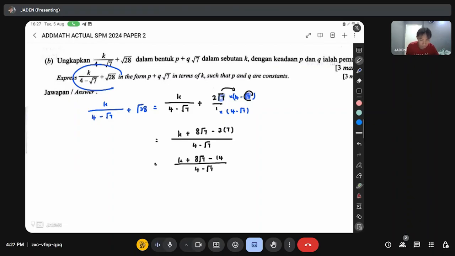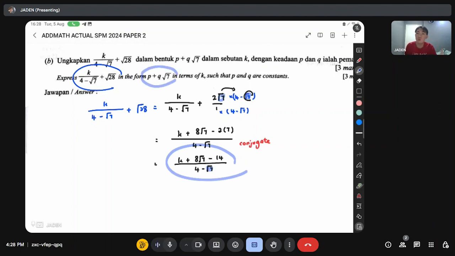Okay, what do we do next? Next thing, you want to consider the conjugate. Some student might ask, sir, why do we need to do the conjugate? Because our root still exists in our denominator. This is not the most rationalized or simplest form yet, because our form here is not the same as the one in the question.